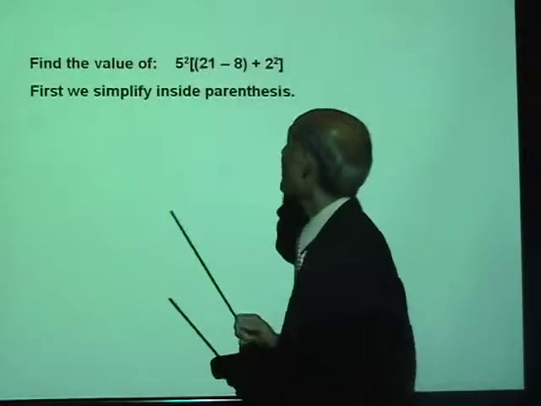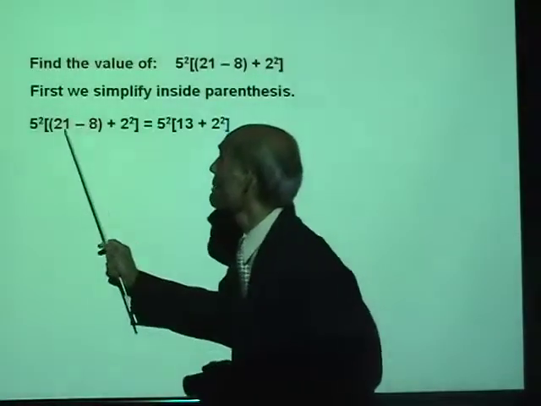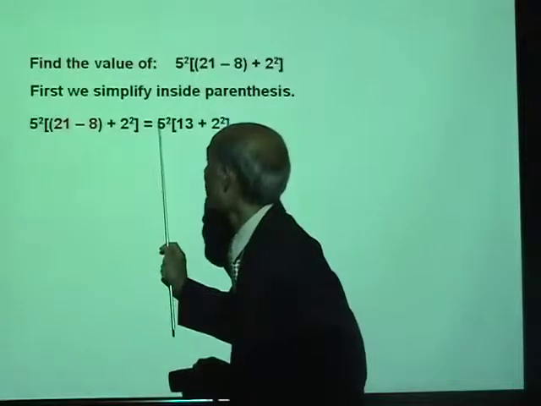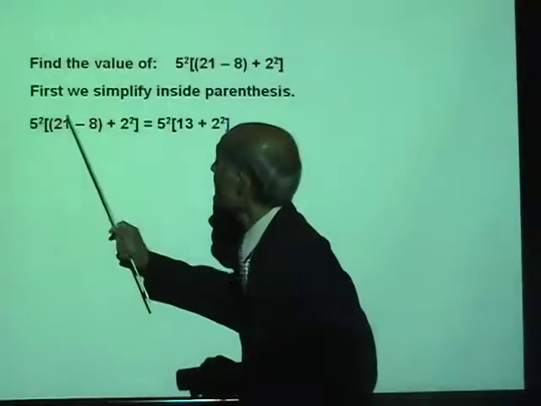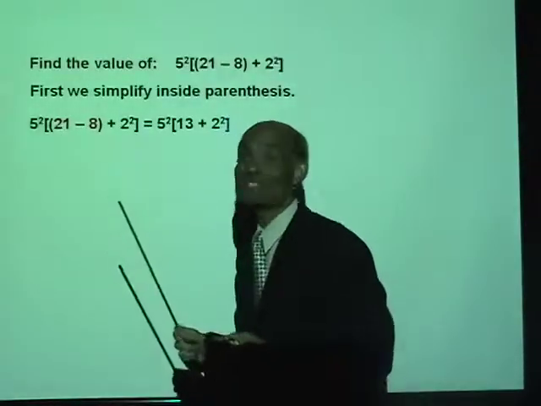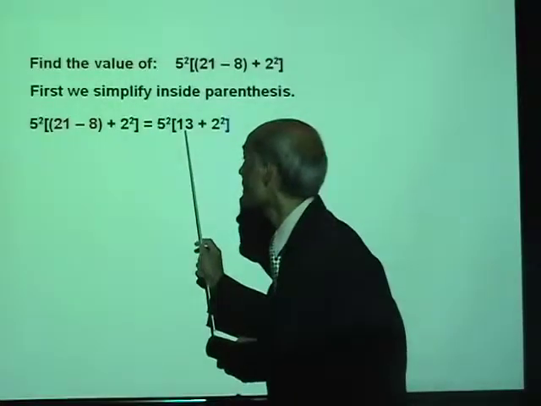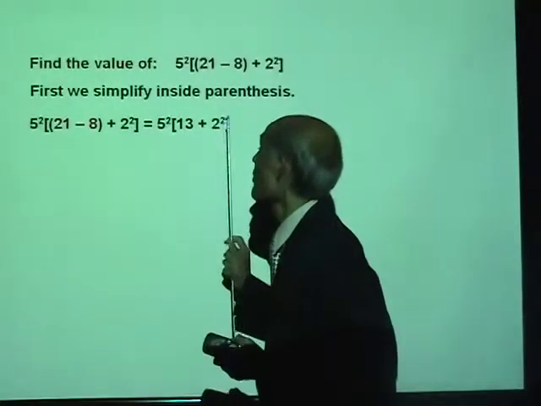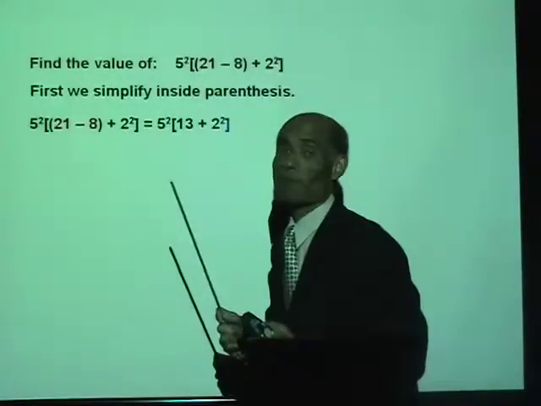Find the value of 21 minus 8. So that will now become 5 squared, now in square bracket, that parenthesis that contains 21 minus 8. 21 minus 8 is 13, plus 2 squared. And look at this square bracket, that is still there.